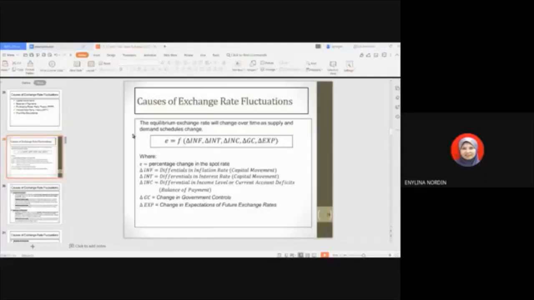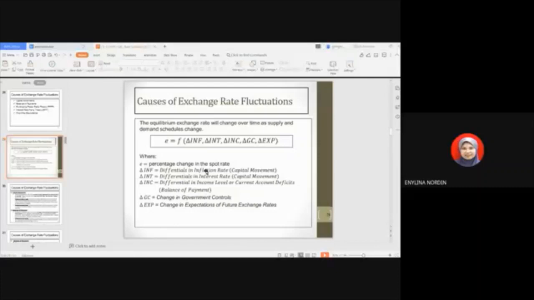In general, the exchange rate will be determined at the equilibrium after taking into consideration all the differentials in inflation rate, changes in the interest rate, changes in the income level, changes in the current account, that is the balance of payment, changes in the expectations of the future exchange rate, and changes in the government control.